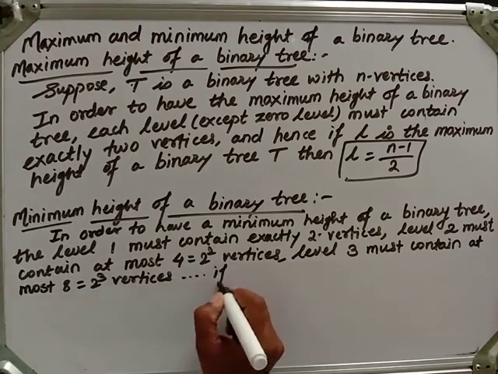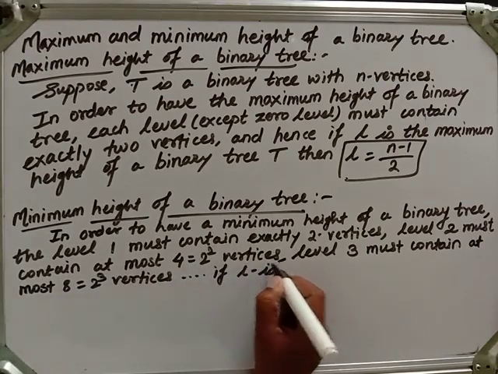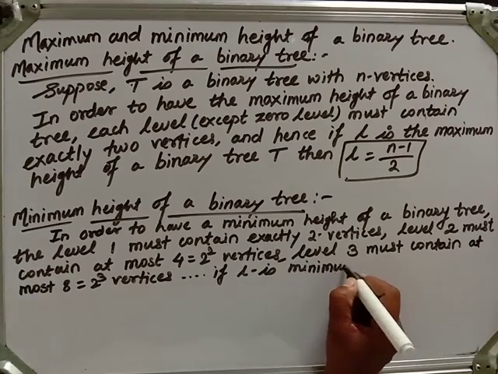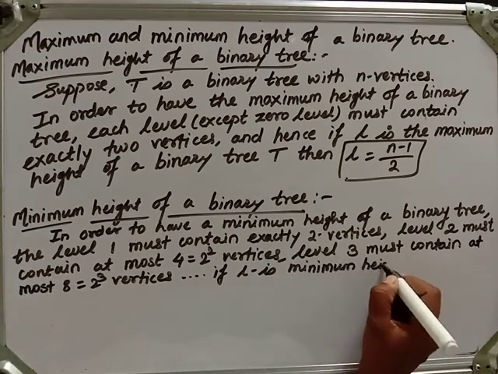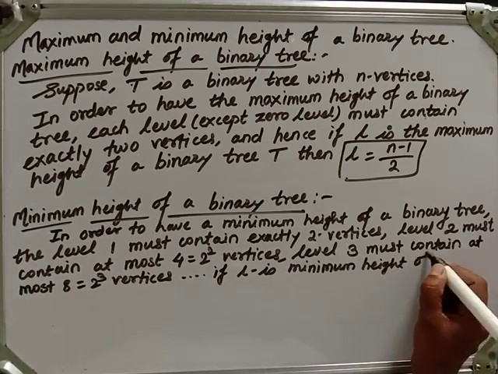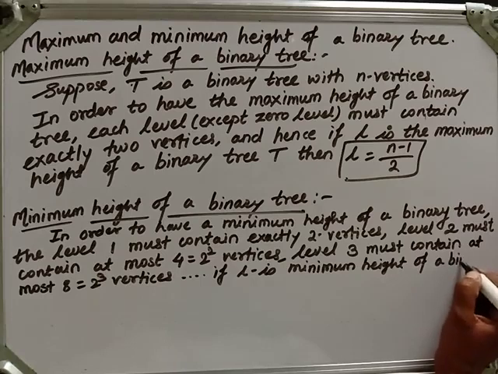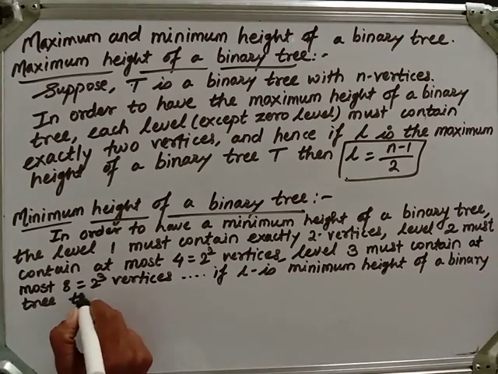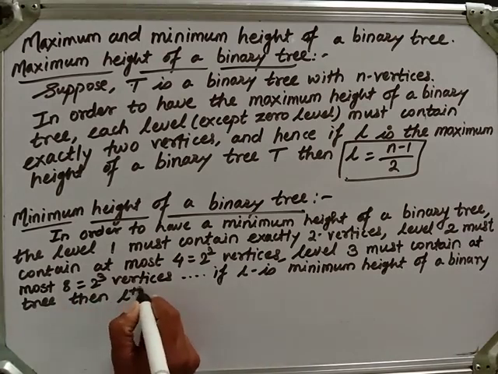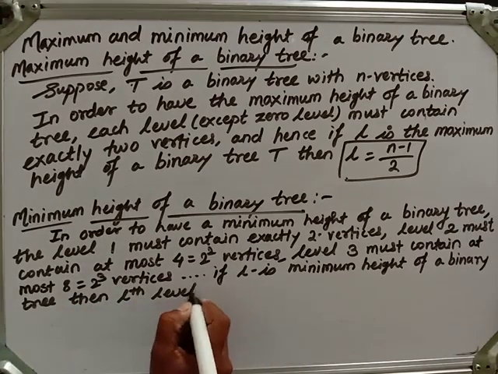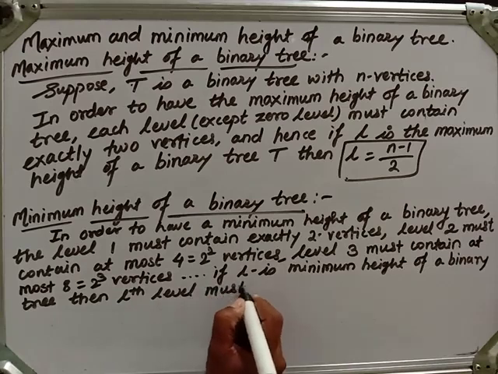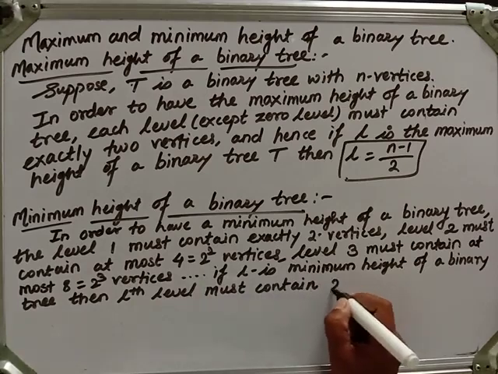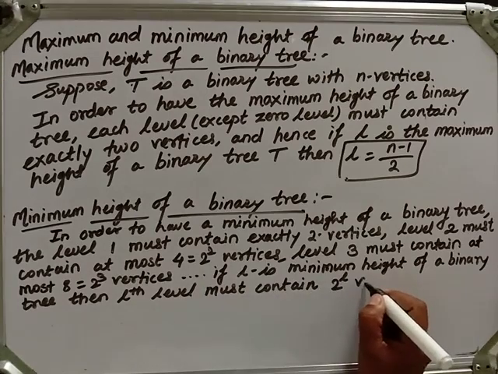So if L is the minimum height of a binary tree, then the Lth level must contain, simply we can say, 2 raised to L vertices.